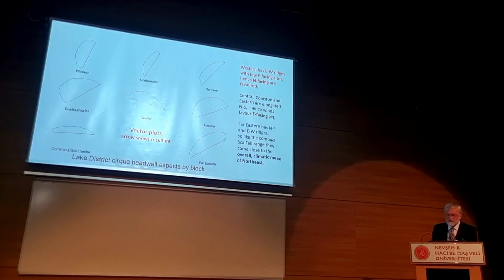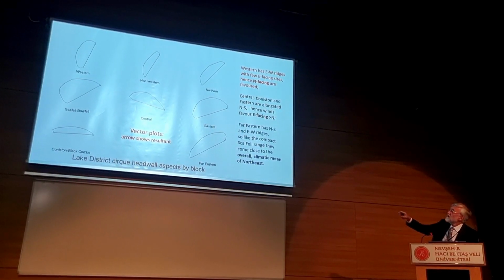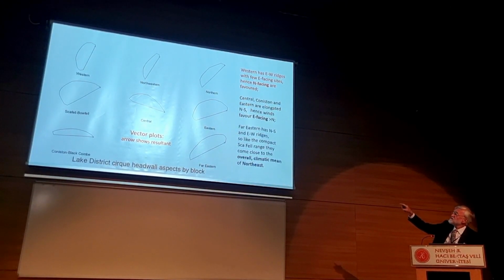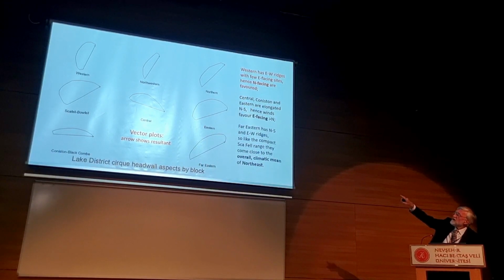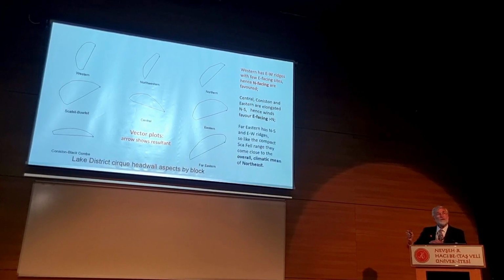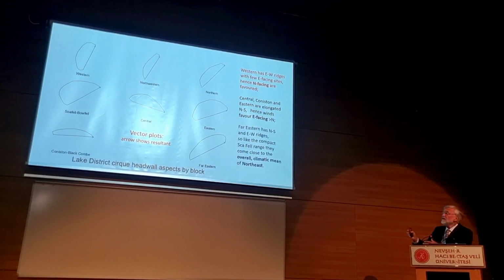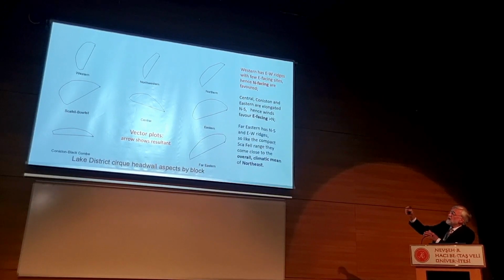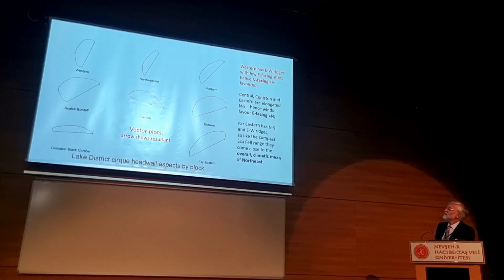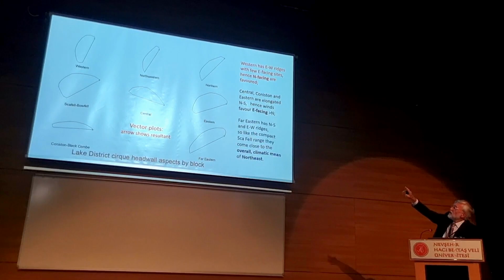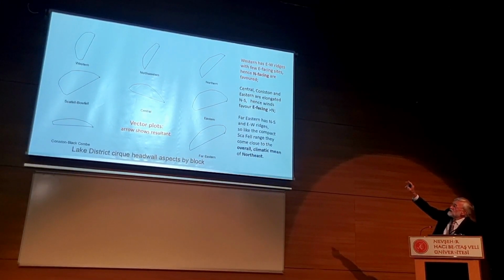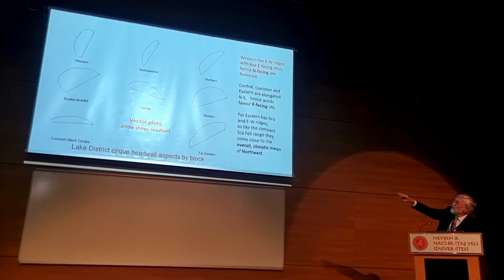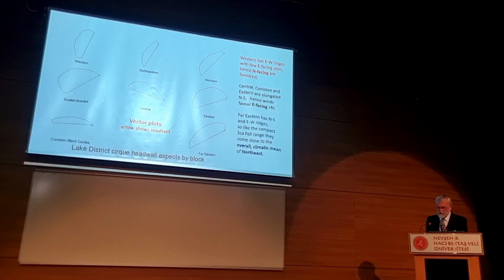Right, and on the next diagram you can see what I call vector diagrams for each of these subdivisions. Perhaps you can see a very small arrow at the end of the longer straight line. That is the vector resultant that gives you the average direction, and its relative length gives you the strength of that tendency. So again, you see at the top, more or less northward facing, at the bottom, more east facing cirques.